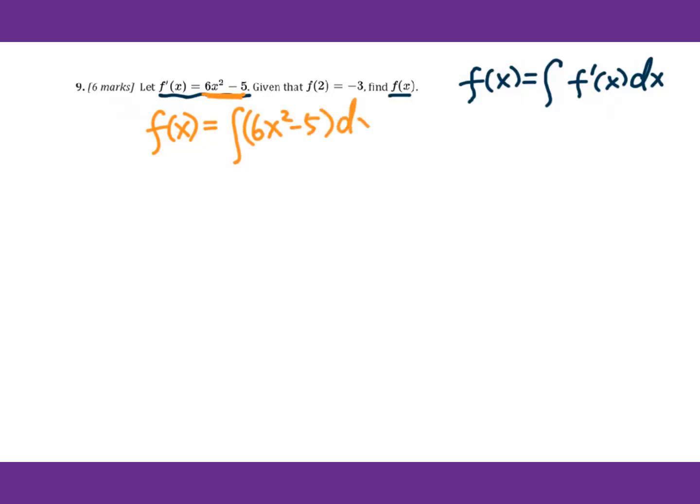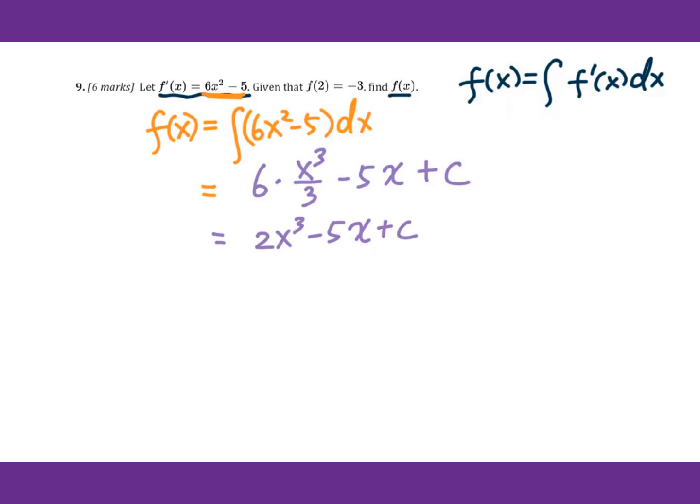We do the integral. So we get 6 times x to the third power over 3 minus 5x plus c. That is 2x to the third power minus 5x plus c. You will get f of x.